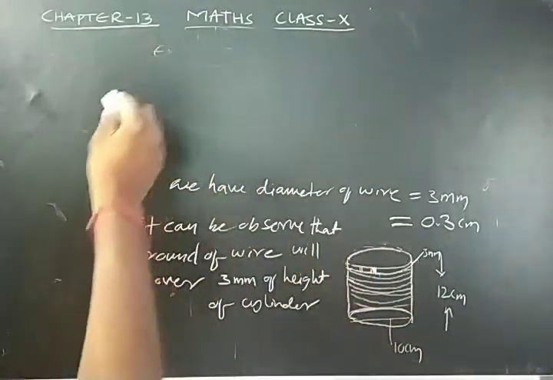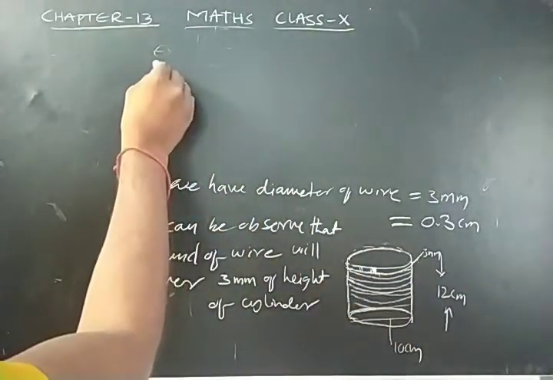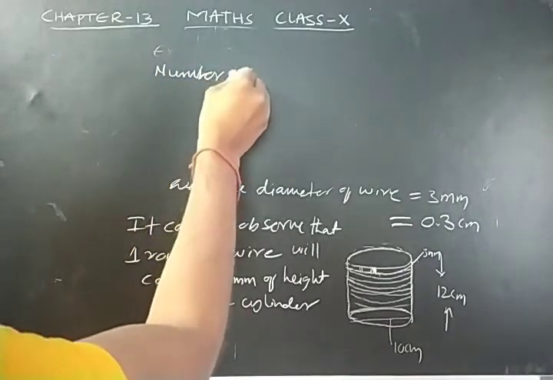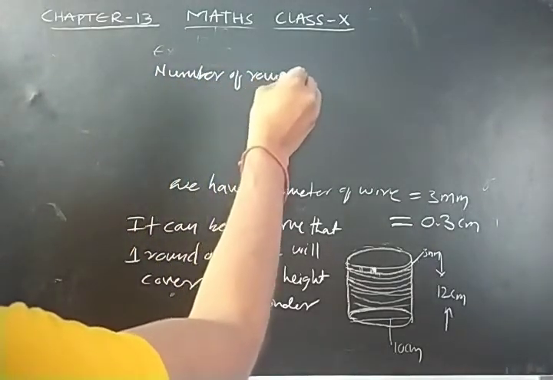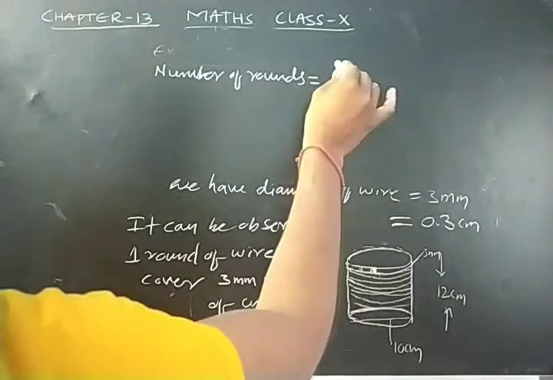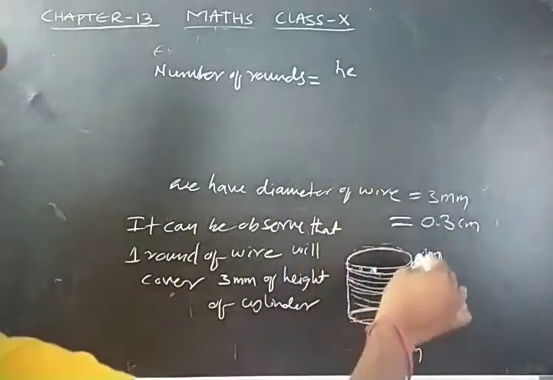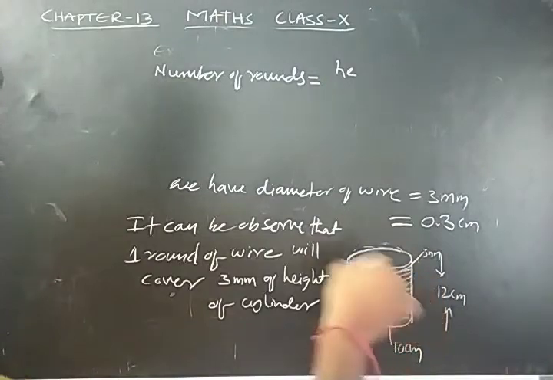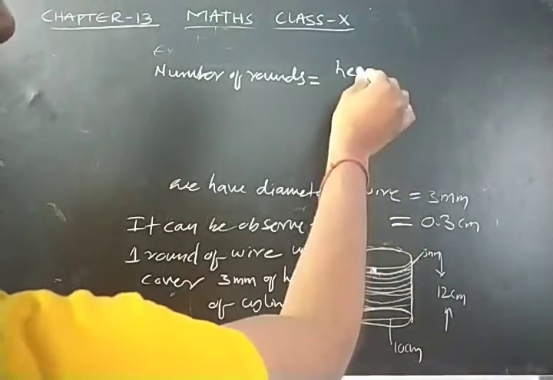Now, like that, how many rounds can we use the wire? Number of rounds. How to get the number of rounds? Number of rounds is equal to the height of the cylinder divided by the diameter of the wire. You divide the height of the cylinder by the diameter of the wire, you will get the number of rounds, right?